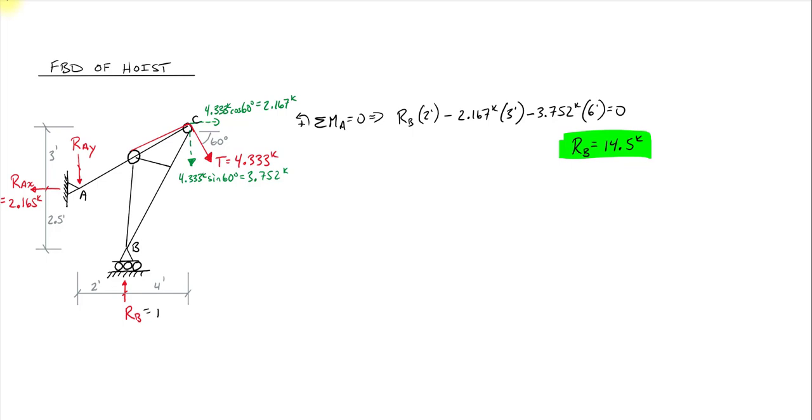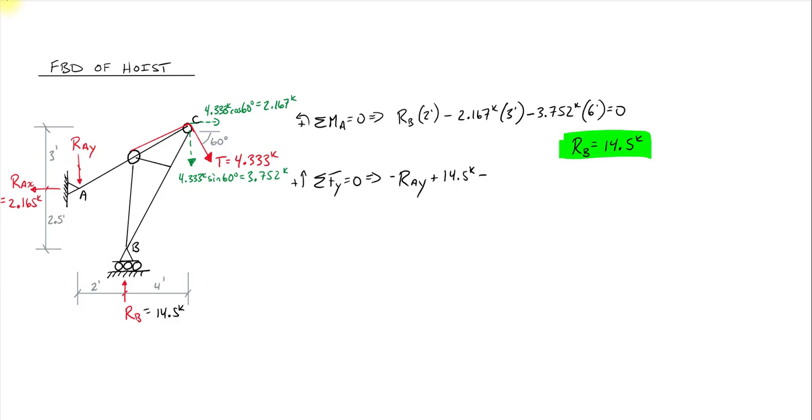I'll write it on this diagram too. So now we can do sum of forces in the y equal to 0. I'm going to say up is positive. RAX will not be in there, but RAY will. It'll be minus RAY plus 14.5 kips. And then just the y component of the tension in the cable, right?